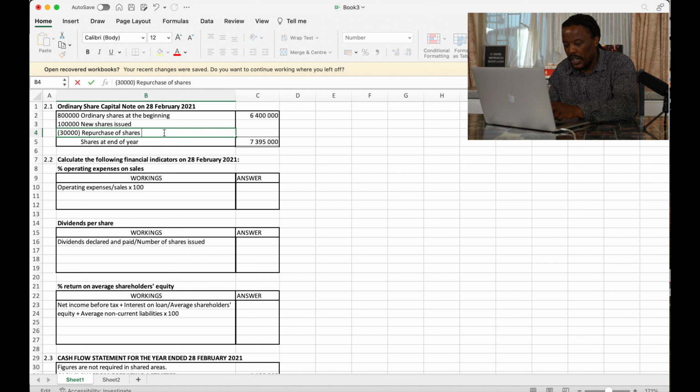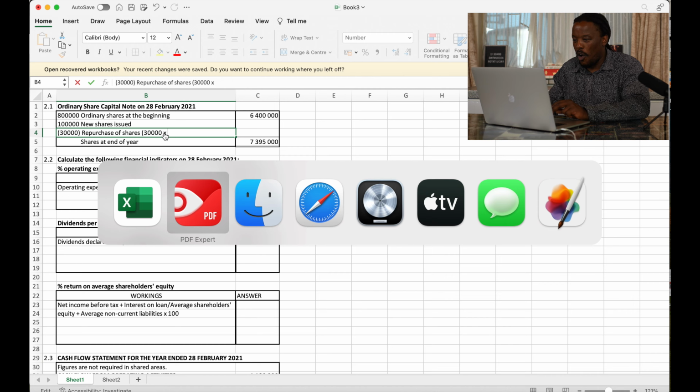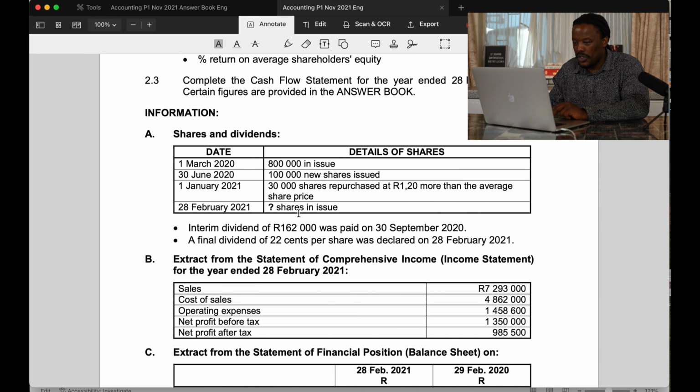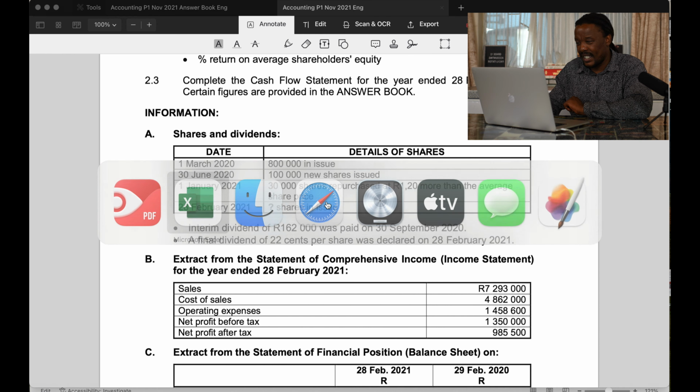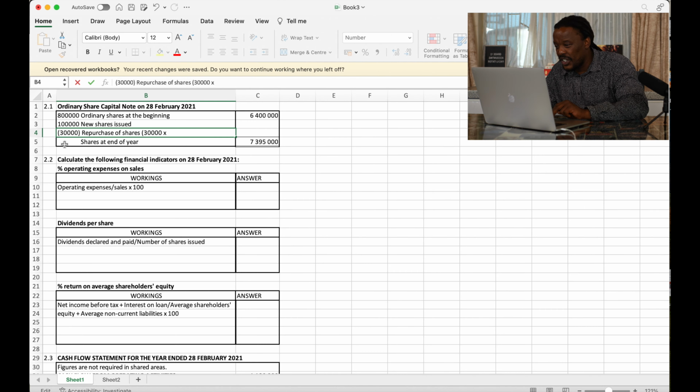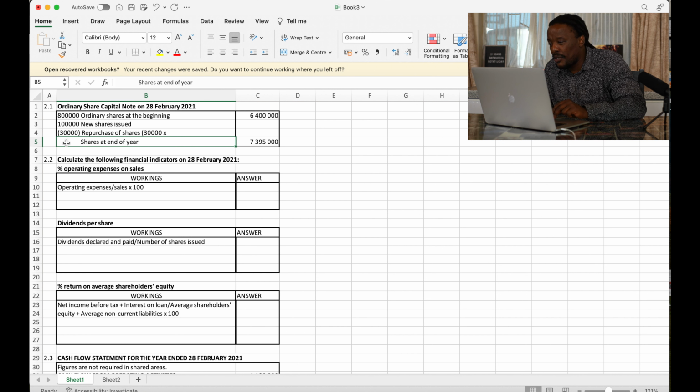But at a price of 120 more than the average share price, so it can't be like that. We must look at the share price. The total here would be 800,000 plus 100,000 is 900,000, minus 30,000 is 870,000.